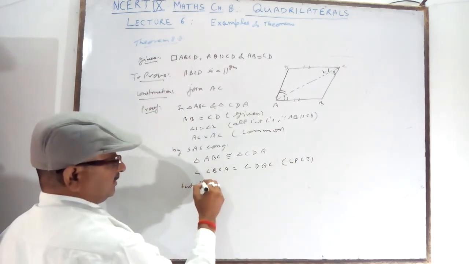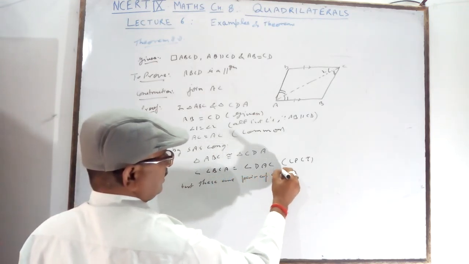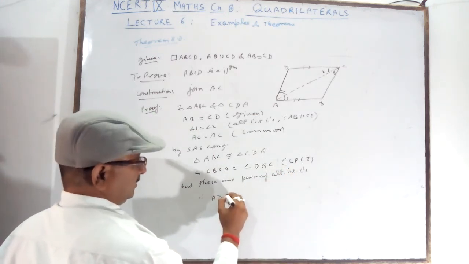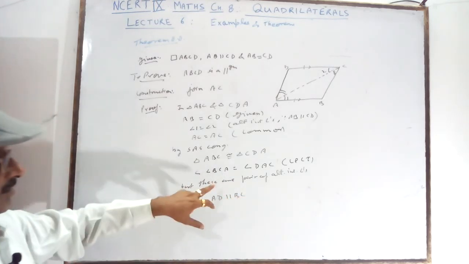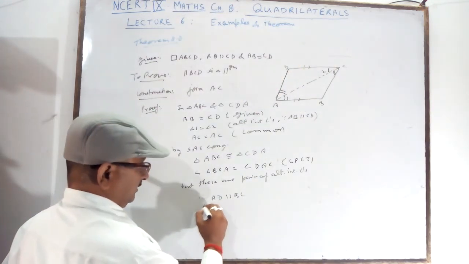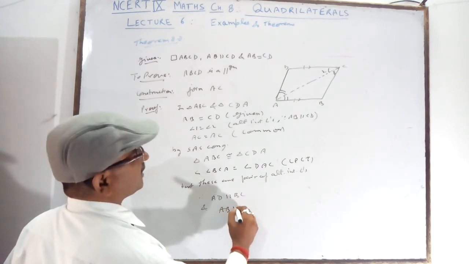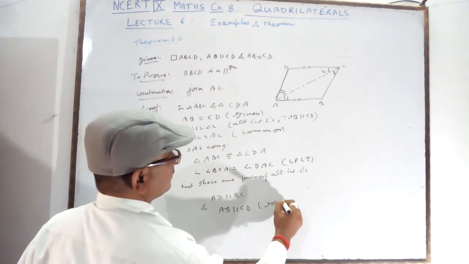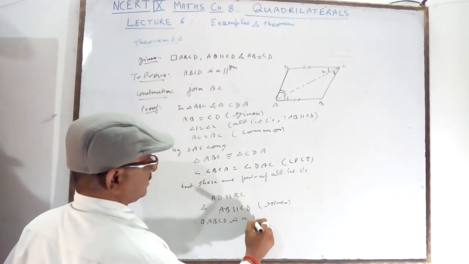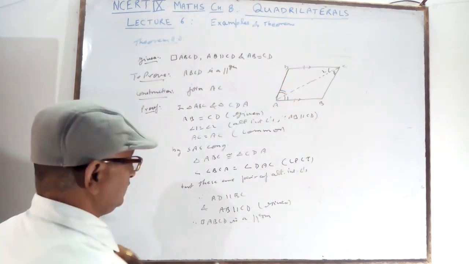But these are a pair of alternate interior angles, so AD is parallel to BC. You have proved: if alternate interior angles are equal, then the lines are parallel. AB is parallel to CD, given. So quadrilateral ABCD is a parallelogram. One pair was given, the other pair you are getting, hence proved.